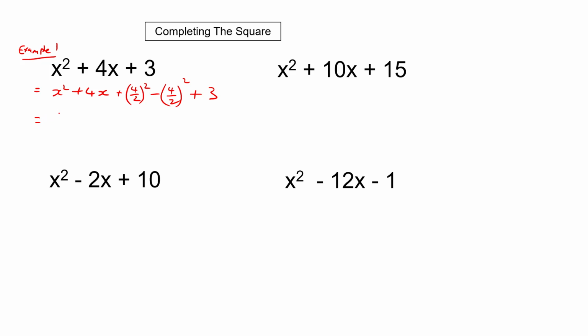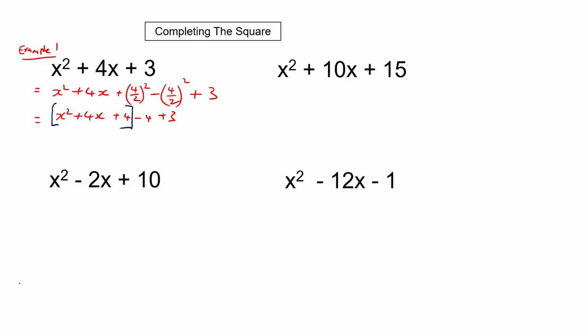So that means we've got x squared plus 4x, 4 over 2 squared, so it's 2 squared, so plus 4, minus 4 plus 3. Now, this is why I use a different color for my brackets, because this bit here, I can write as a perfect square.